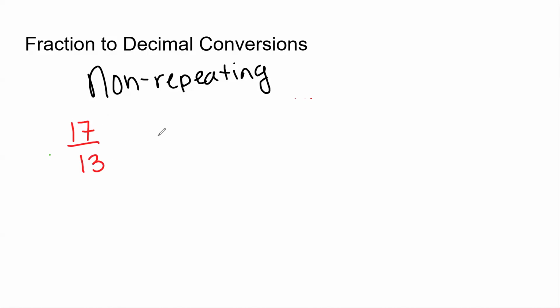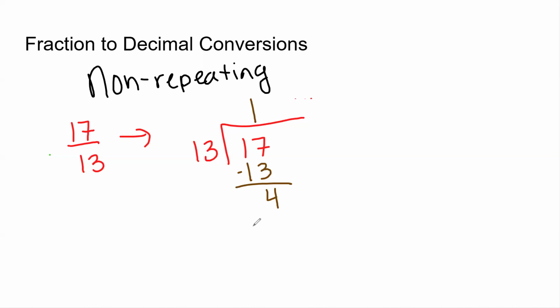So it is improper, which is fine. You're just going to do it the same way. 17 divide 13. Now that does go in. 13 goes into 17 once, which is 13. Subtract, that's 4. Now 13 does not go into 4. Put your decimal, bring it straight up, put the 0, bring it down.